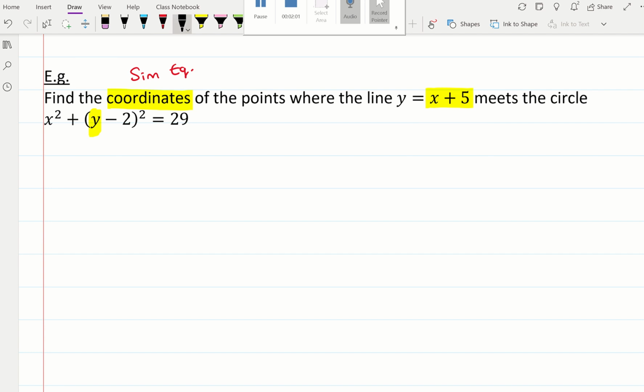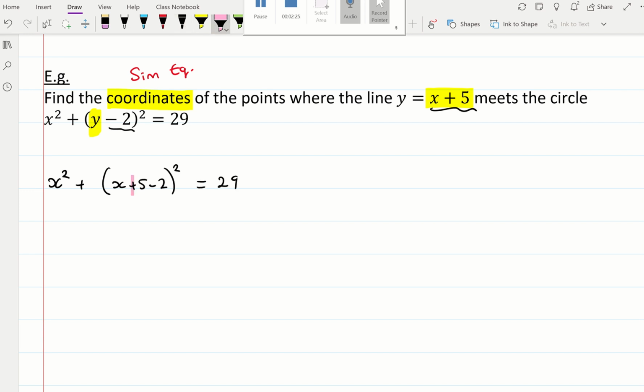I think that would be the easiest. Of course, you can change x squared for (y minus 5) squared, but I think it's easier to replace y. So x squared plus, my y is x plus 5, minus 2, squared equals 29.